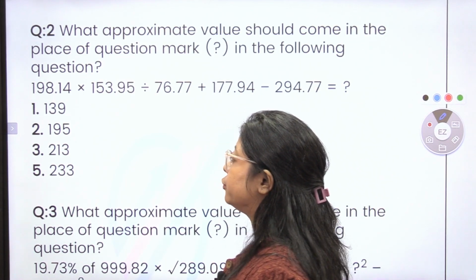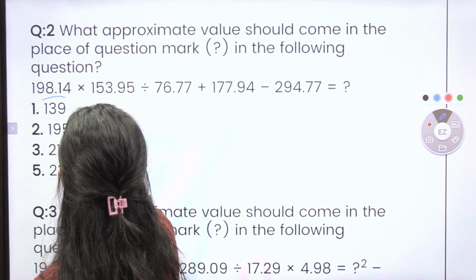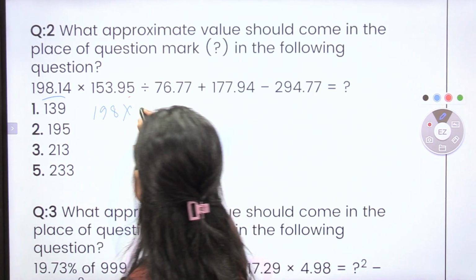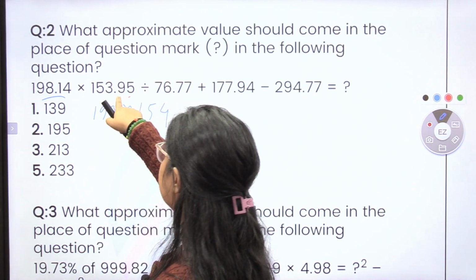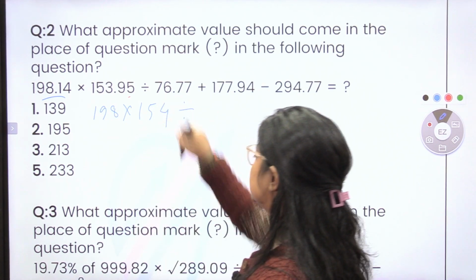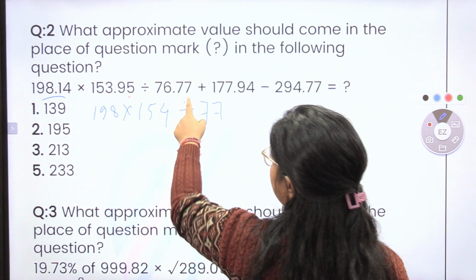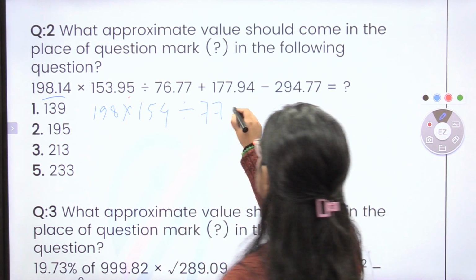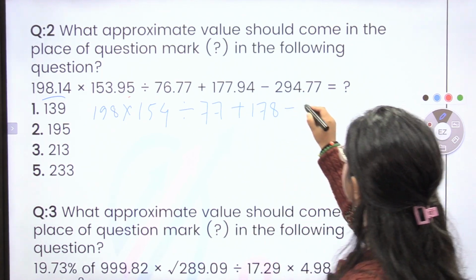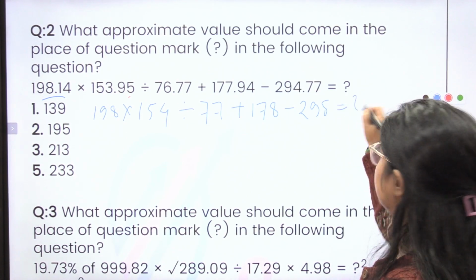So 198.14, I would approximate it as 198, into 153.95, which I will approximate as 154 because the value after the decimal is greater than 5, divided by 76.77, which will be 77 because the value after the decimal is greater than 5, plus 178, minus 294.77, which will give you 295, is equal to question mark here.